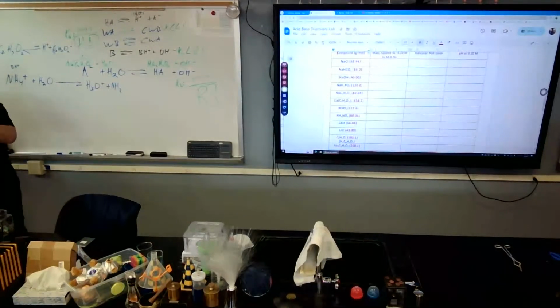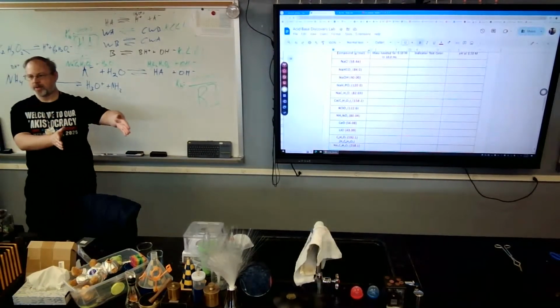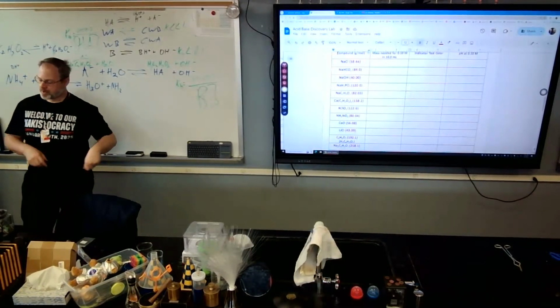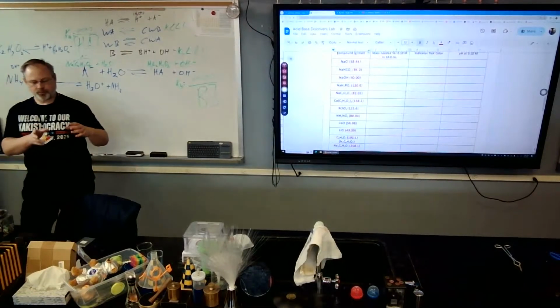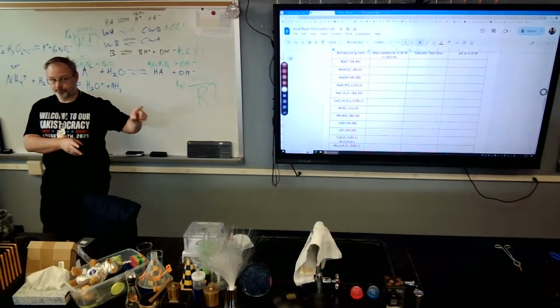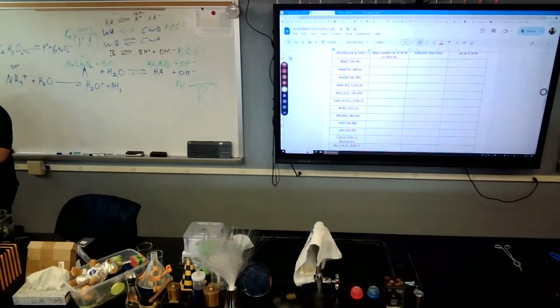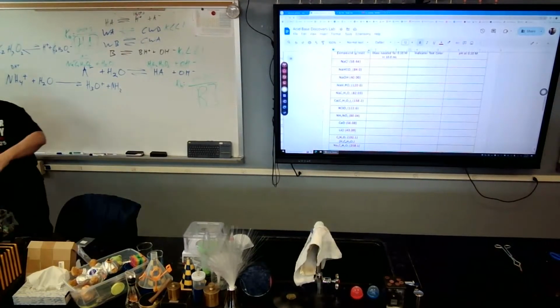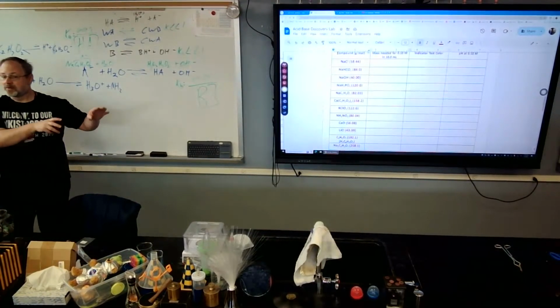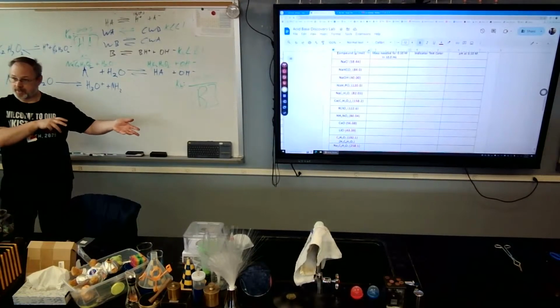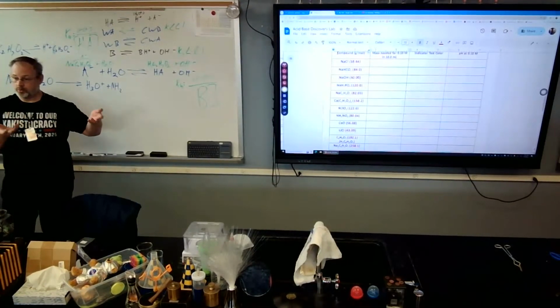So if you have a weak acid, it forms a weak base and H plus. If you have a weak base, it forms a weak acid and OH minus. But if you just take that conjugate and put the conjugate in water, it reforms the acid or the base, leaving the proton or the hydroxide behind. Cool? Questions?